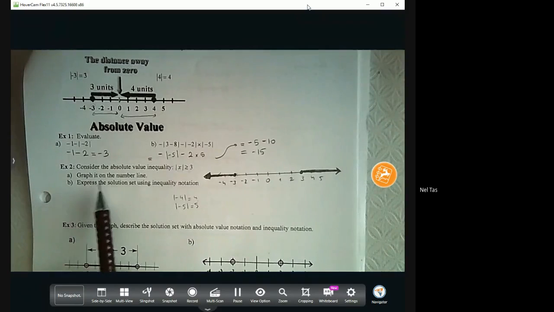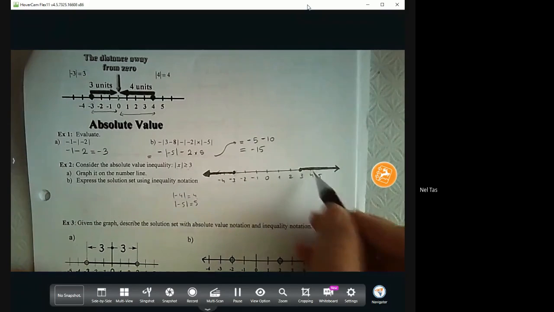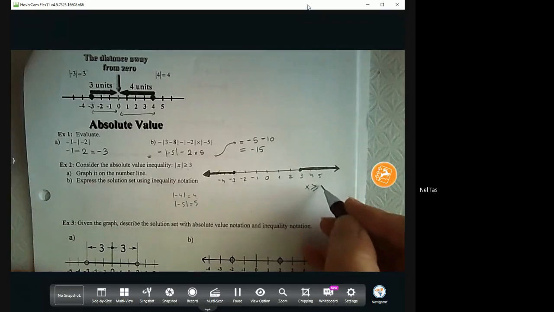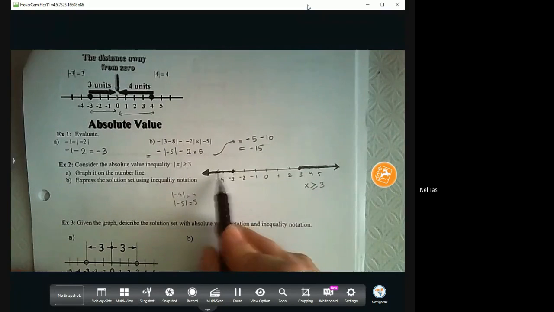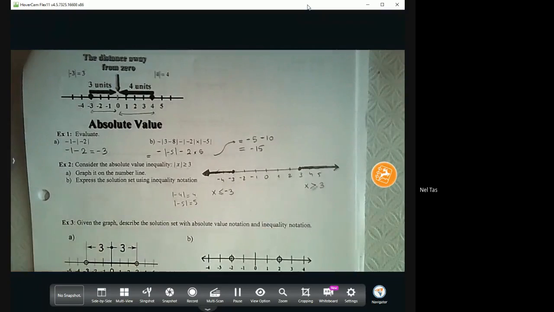And it says express the solution set using inequality notation. So this part, if you look at it, is x greater than or equal to 3. The part on the left, those are x less than or equal to -3.